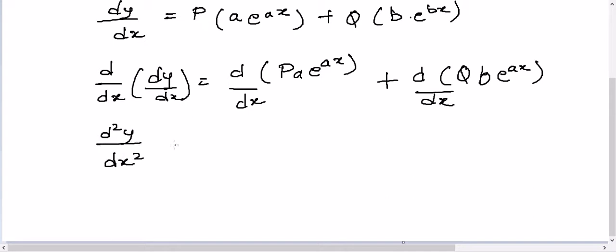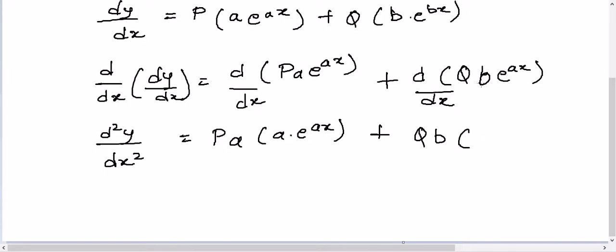So p a, and again the differentiation will be a into e to the power ax, plus q into b, that is our constant, and the... guys, here I wrote b by mistake.